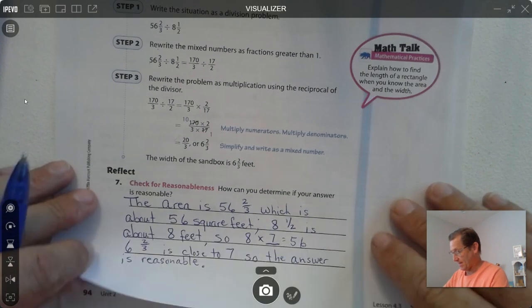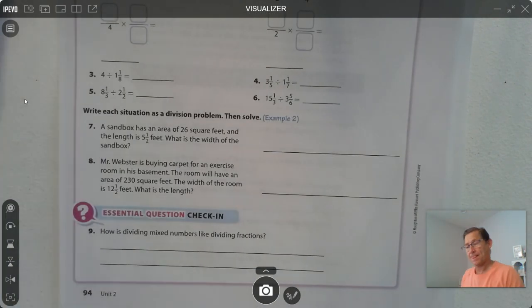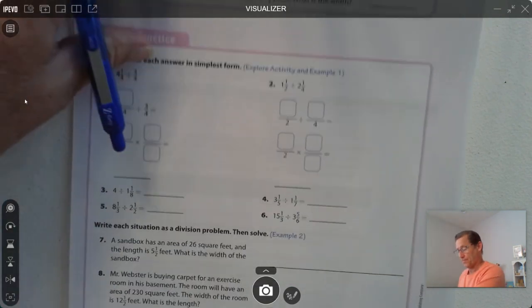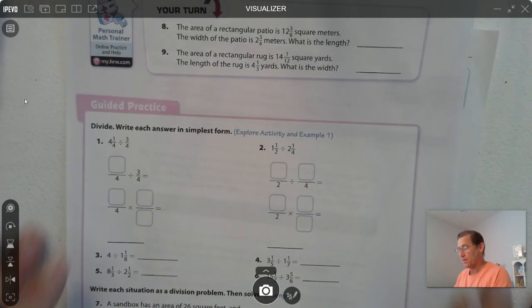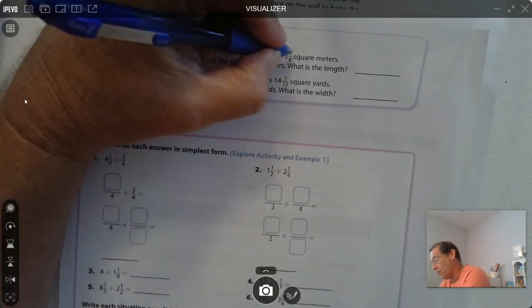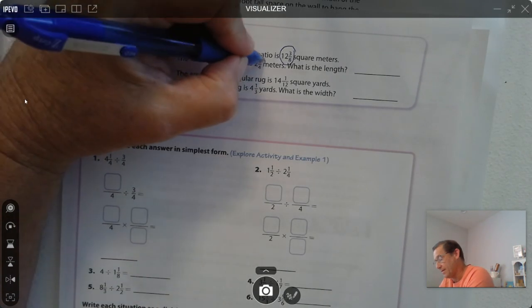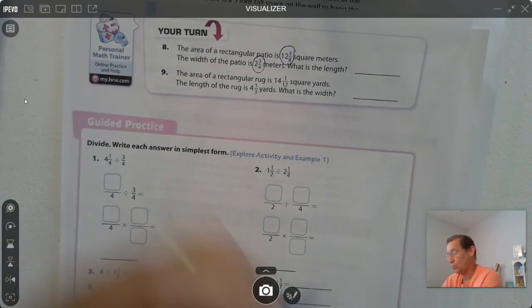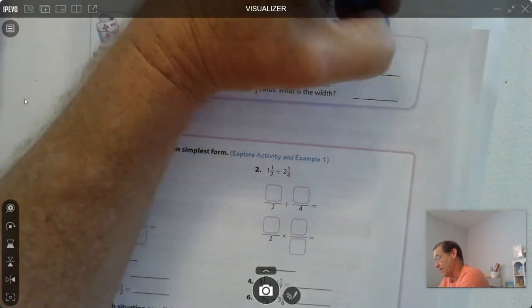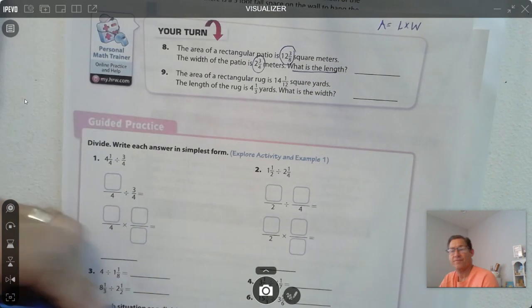Okay, let's move on to page 94. All right, the area of a rectangular patio is 12 and 3/8 square meters. The width is 2 and 3/4 meters. What is the length? Okay, so recall, area equals length times width.